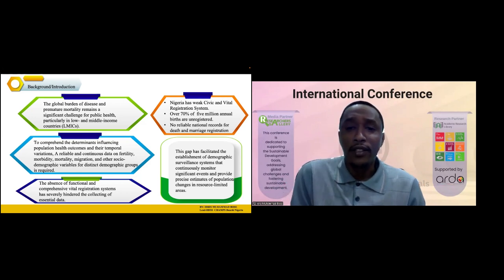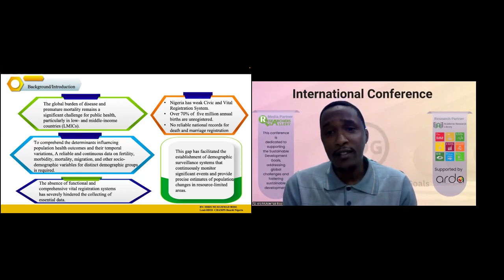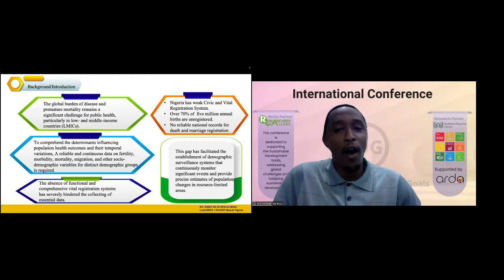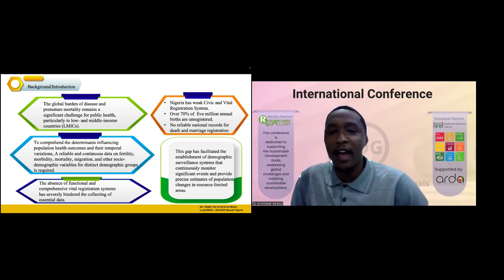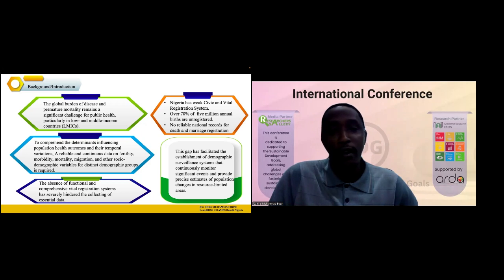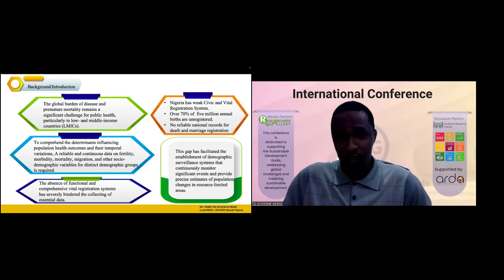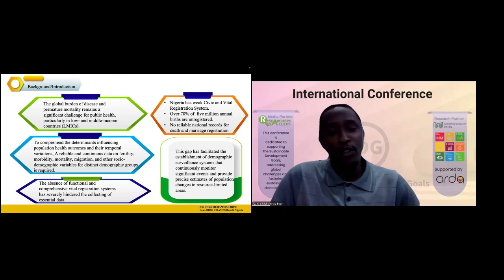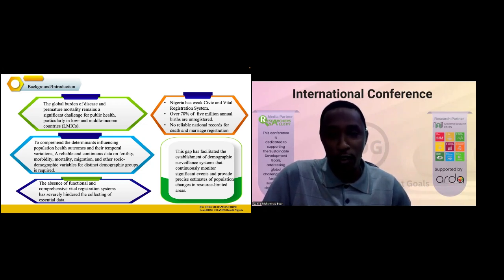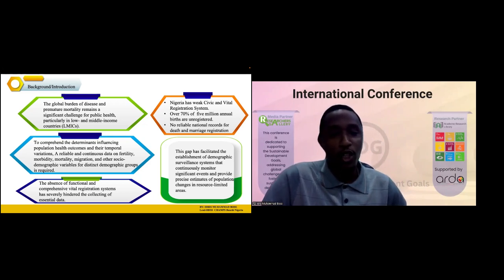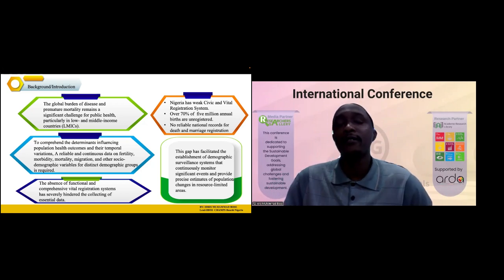Nigeria has a weak civic and vital registration system because over 70% of the 5 million annual births are unregistered, and there is no reliable national record for death and marriage registration. This gap has facilitated the establishment of demographic surveillance systems across some parts of the country that continuously monitor significant events and provide precise estimates of population changes in resource-limited areas.